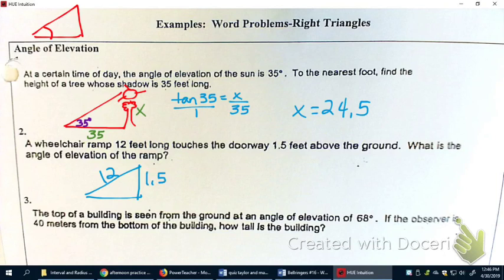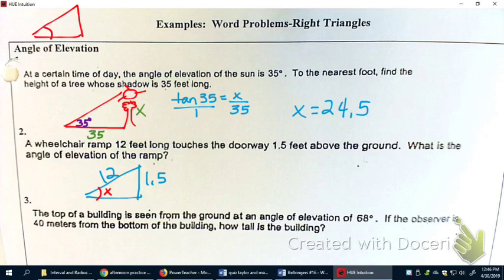Okay, and it says find the angle of elevation. So that means that it wants you to find this right here, which I'm going to call x. You have to use the second button on this one because you're looking for an angle. So, Caleb, if you label it, what's the 1.5? A, O, or H? Okay, start with your X, because X is what you're looking for.